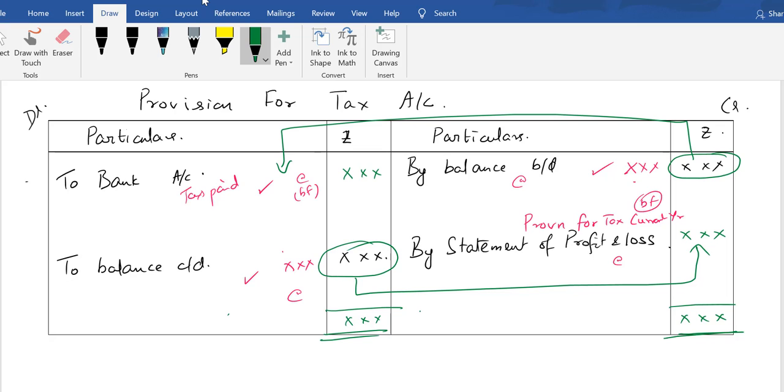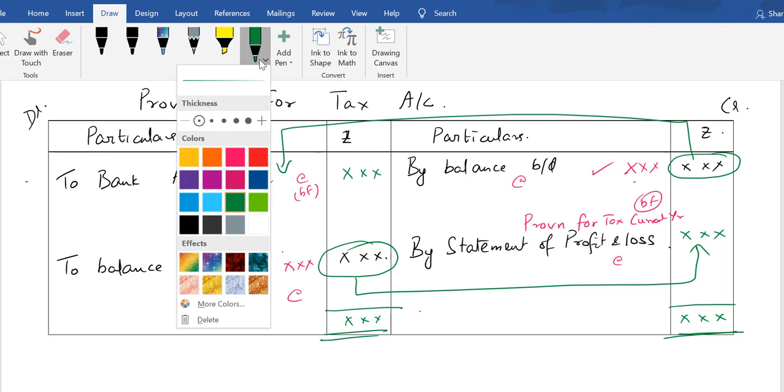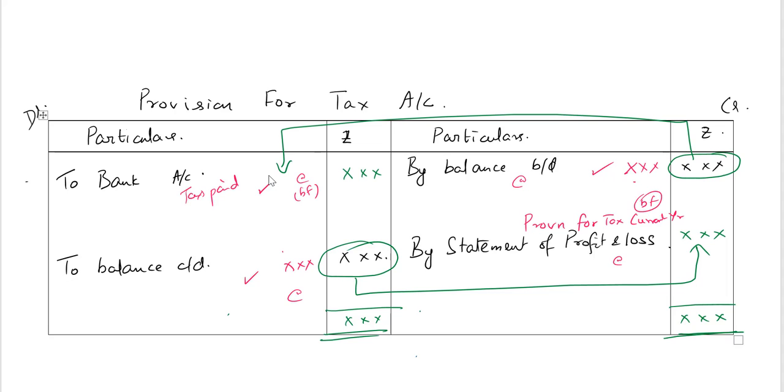Now, as far as where each of this will appear in the cash flow statement, this opening balance we can get from the balance sheet, and the closing balance also from the balance sheet.